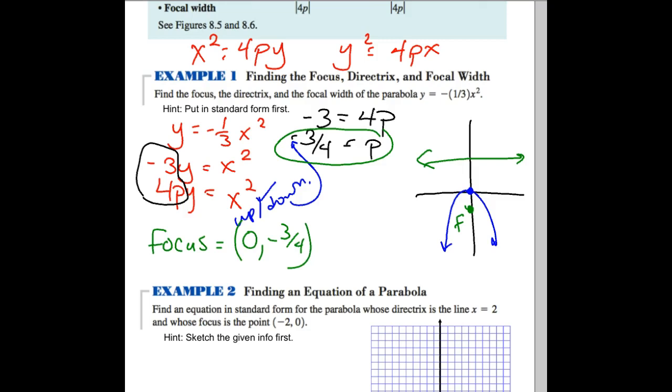Now, if the focus is at 0, negative 3/4, where would the directrix be? At positive 3/4. So what would the equation be for this horizontal line up here? Horizontal lines are always what? y equals, in this case, 3/4. So my directrix is y equals 3/4.